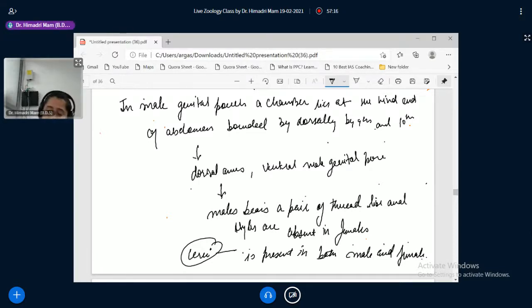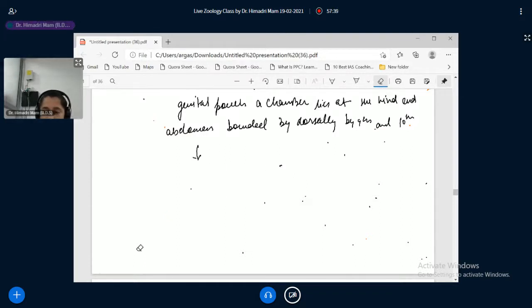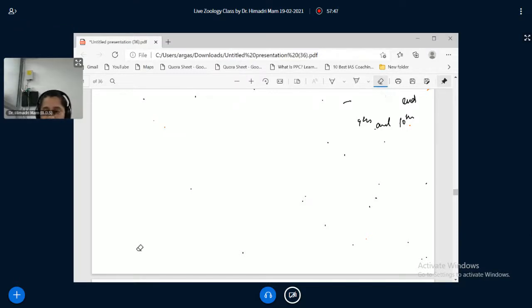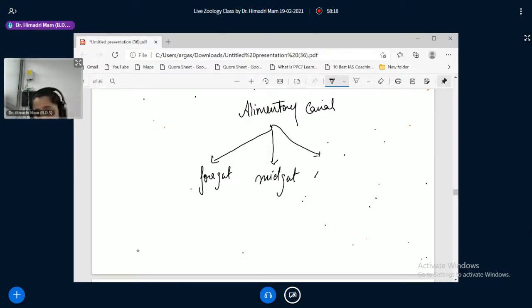Right. The alimentary canal is divided into foregut, midgut, and hindgut.